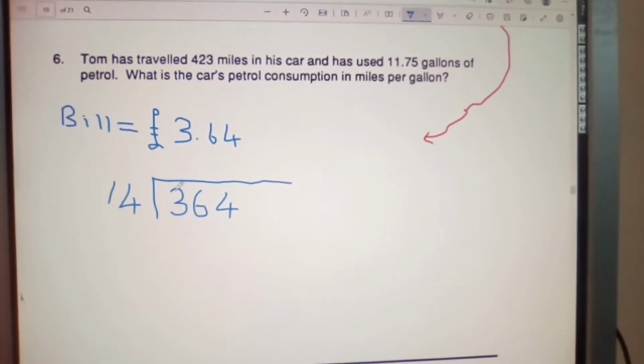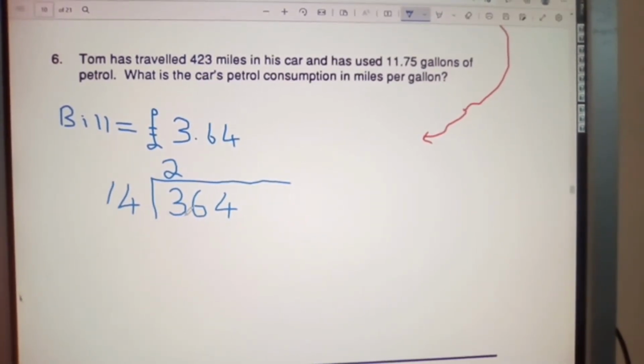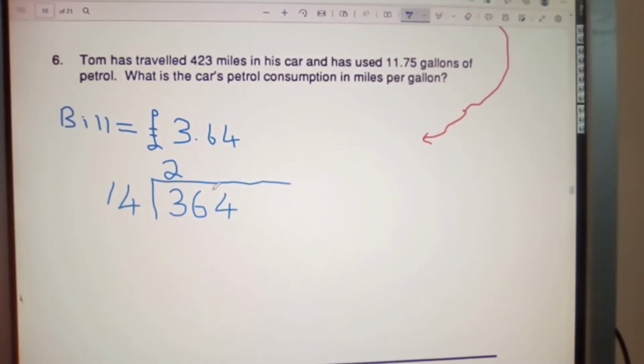The remainder is 8. So we put a little 8 here, to indicate that that is the remainder. I should have left myself a bit more space here, shouldn't I? Sorry about that.